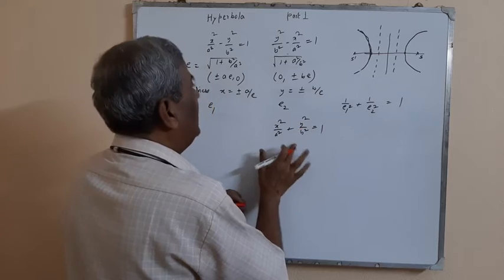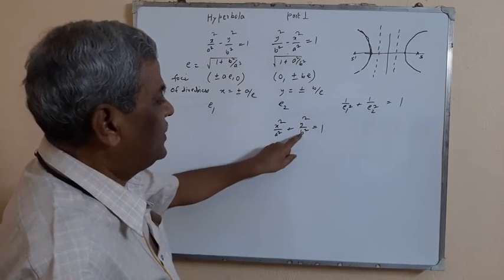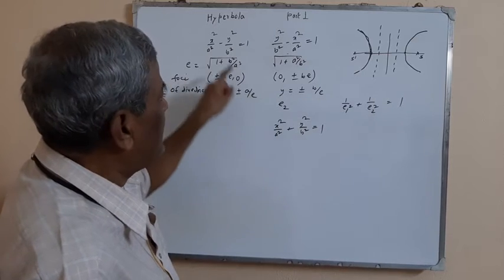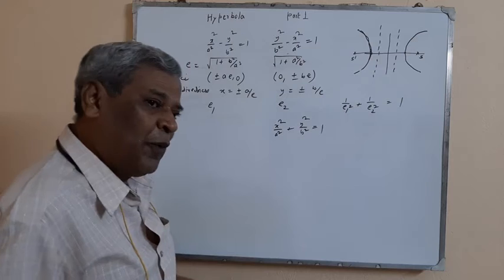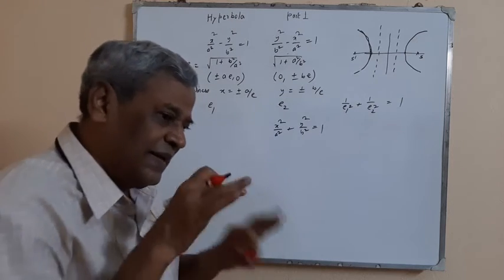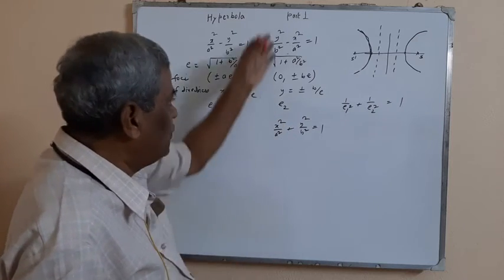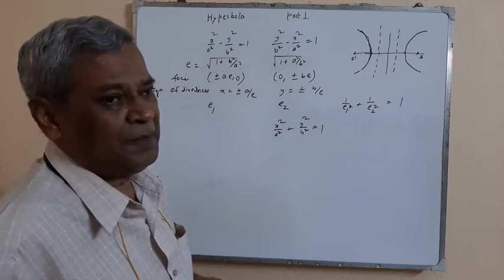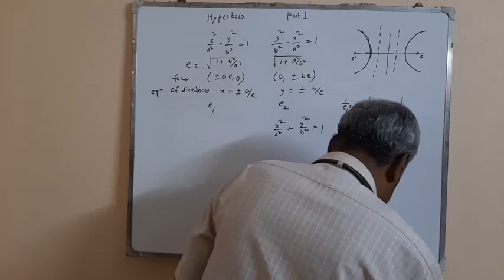This is the equation of hyperbola. The only difference is that b square is replaced by minus b square. If you replace b square by minus b square in the formulas of ellipse, you get all the formulas of hyperbola. Oh, one more thing.